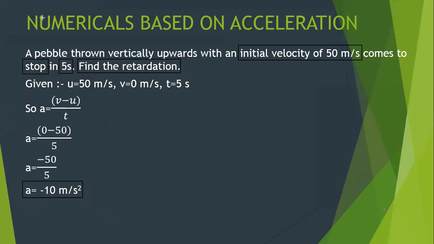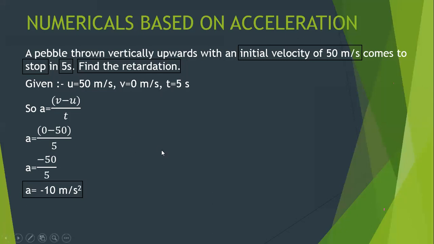Whenever the acceleration is negative and you are being asked to find the retardation, listen to the class carefully, you cannot say that the retardation is minus 10. Why? Because retardation means negative acceleration.